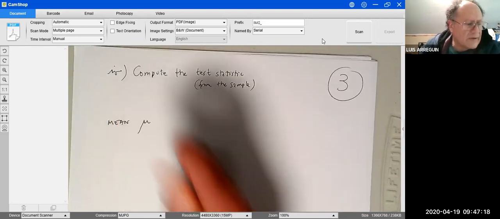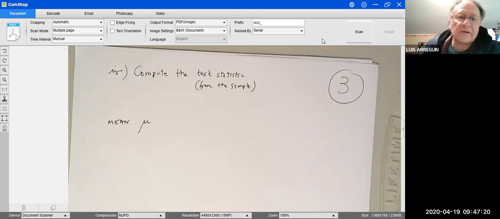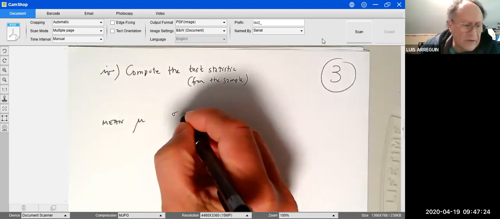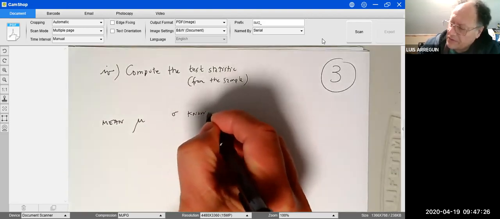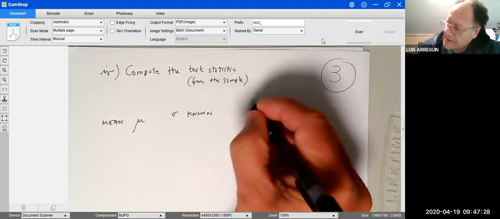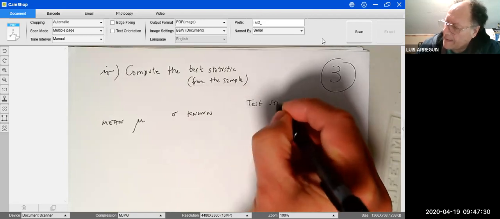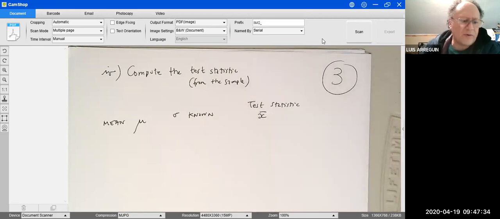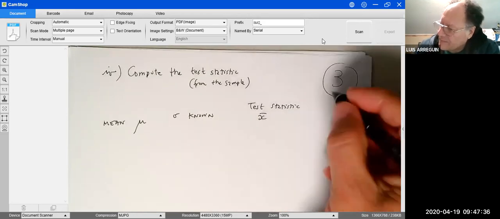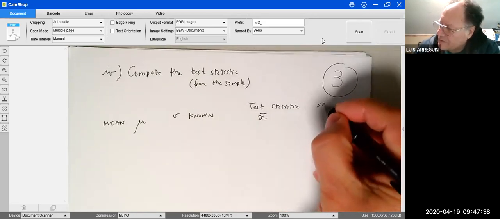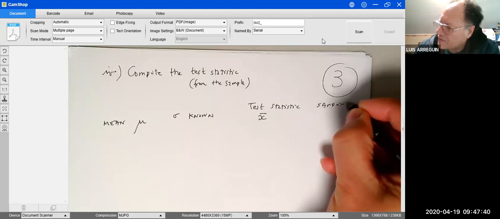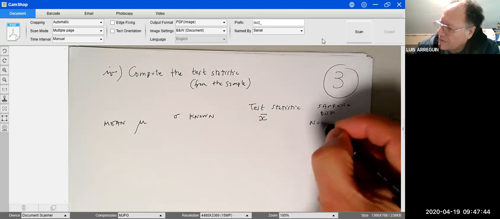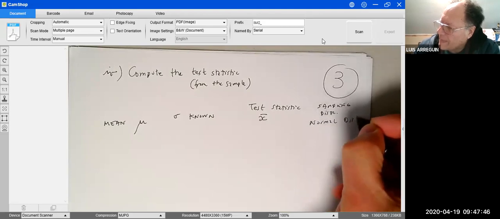If you're working with the mean and you know that the standard deviation of the population is known, your test statistic is going to be just the mean of the sample. Also, I'm going to include this column again just for you to remember the sampling distribution: the normal distribution.